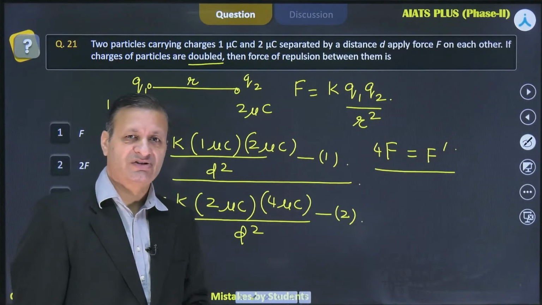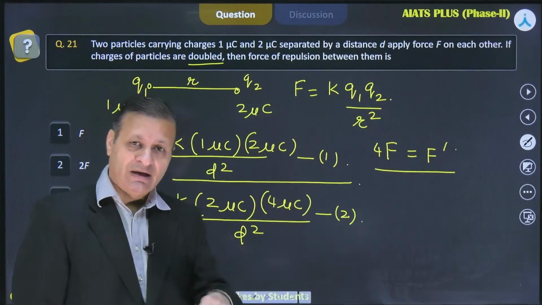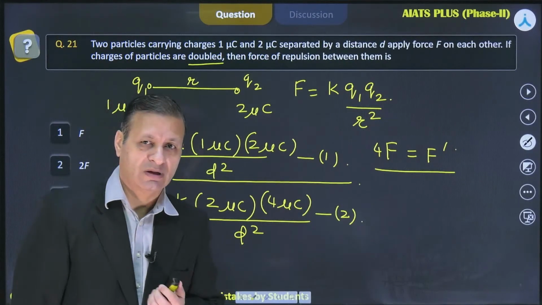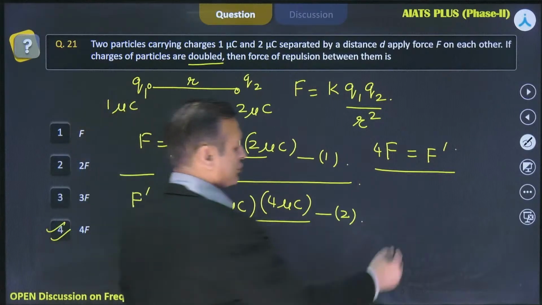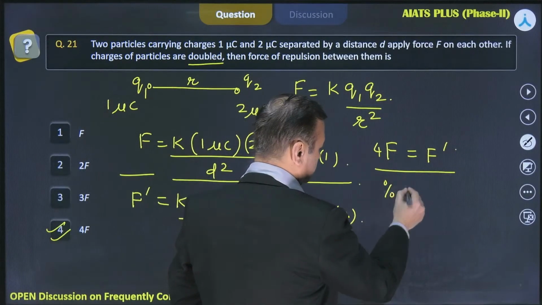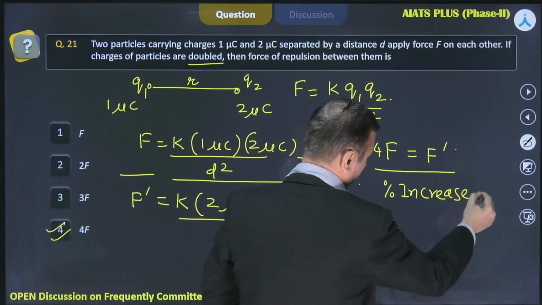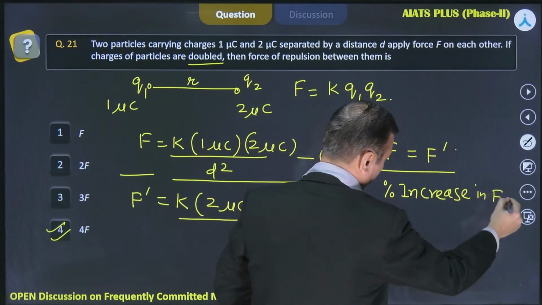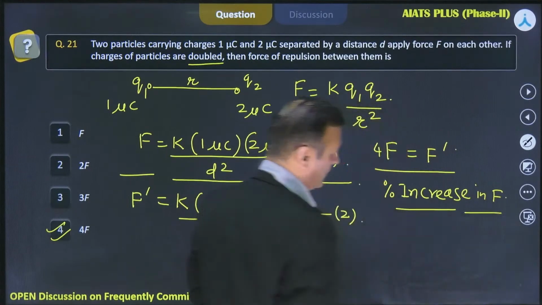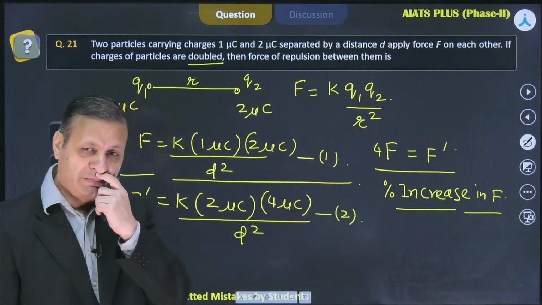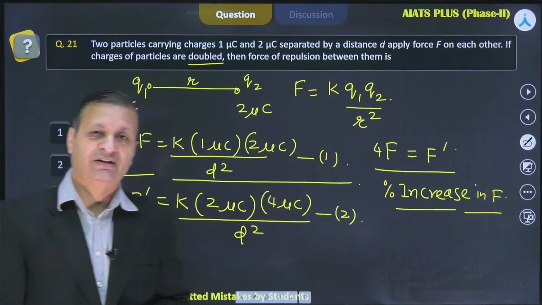So this is quite interesting. Now, if I add one more point to it, if I ask you what is the percentage increase in force, this question can be asked in another format.